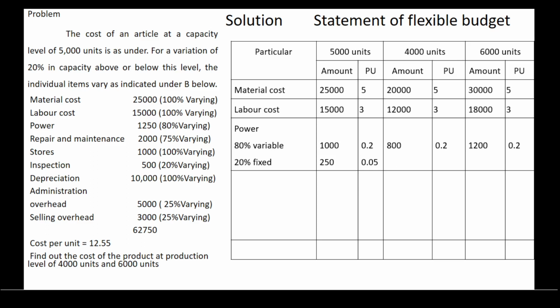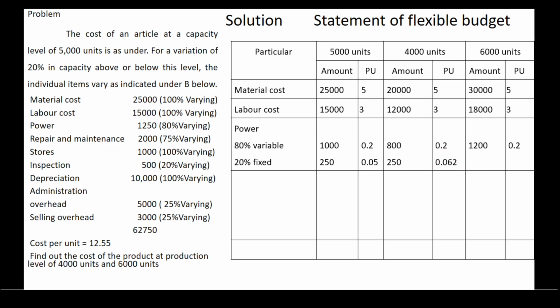ಸೊ ಹಿಯರ್ ಅಂಡರ್ ದ 4000 ಯೂನಿಟ್, ಫಸ್ಟ್ ವಿ ಆರ್ ಎಂಟರ್ಡ್ ದ ಅಮೌಂಟ್, ದಟ್ ಈಸ್ ದ 250. ಇದೆಲ್ಲ ಕೆಪಾಸಿಟಿ ಲೆವೆಲ್ ಅಲ್ಲೂ ಕೂಡ ಏನಾಗಿರುತ್ತೆ, ಕಾನ್ಸ್ಟೆಂಟ್ ಆಗಿ ಇರುತ್ತೆ. So this 250 rupees is divided by the 4000 units. So now the cost per unit is 0.062.